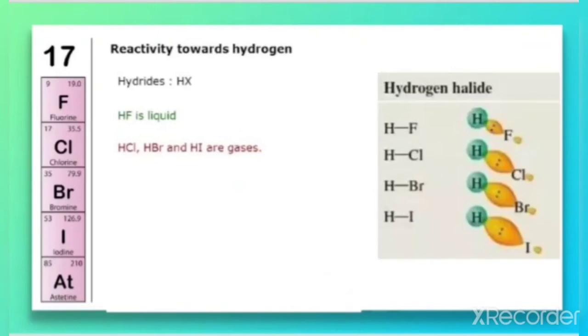When we compare the bond length between HF, HCl, HBr and HI, we know that from top to bottom the size is increasing. When the size increases, the bond length increases. So when the bond length increases, it is easy to break. It is easy to break the bond between hydrogen and iodine compared to HF.